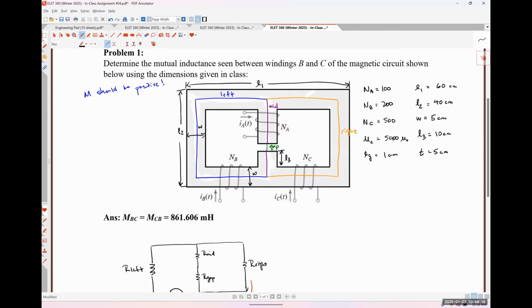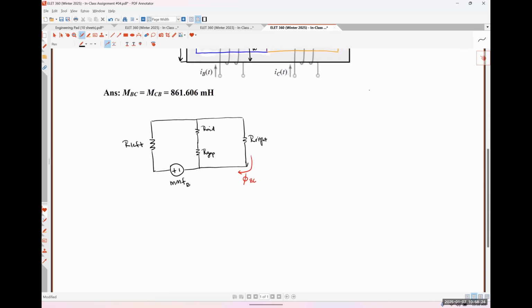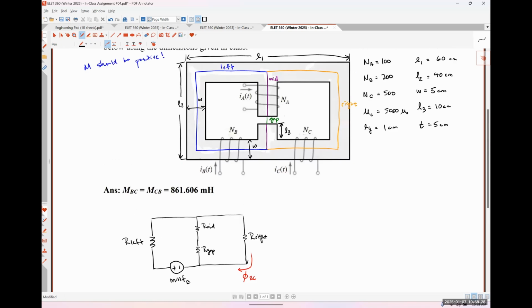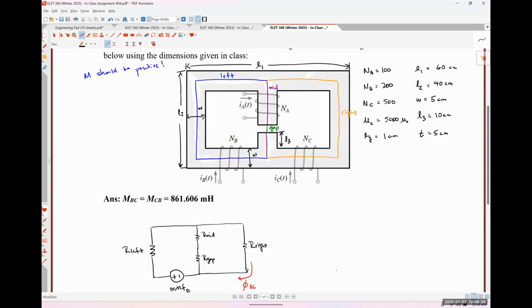Thank you for that. Okay, so let's work on finding some of these reluctances here. Let's work on the left one first, which is fairly straightforward. So what should the total length of the left one be?